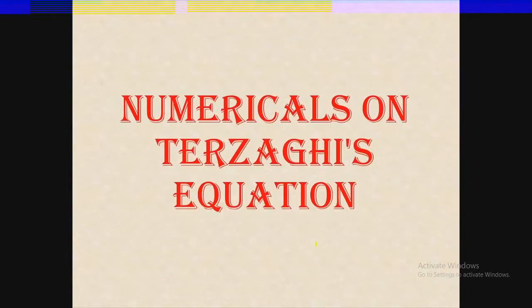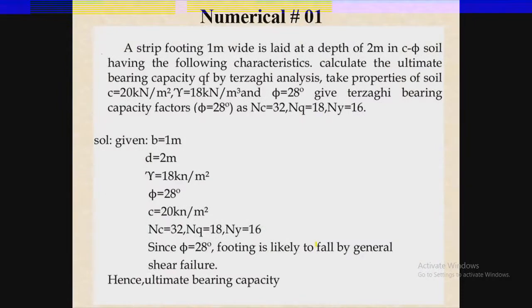Now guys, let us perform a few numericals based on the Terzaghi bearing capacity equation. Numerical number 1: a strip footing 1 meter wide, so the width of the foundation is 1 meter, is laid at a depth of 2 meter, so the depth of the foundation Df is equal to 2 meter, in c-phi soil having the following characteristics.